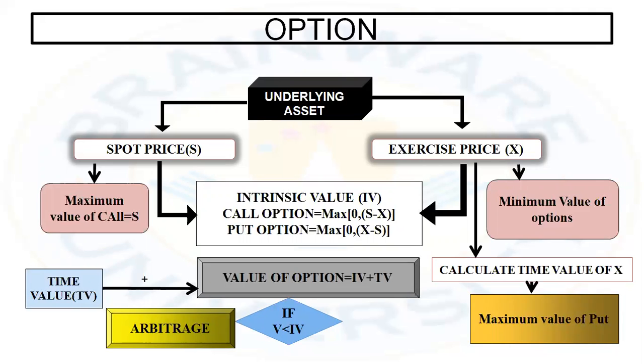So these are the two important prices. The maximum value of the call option is the spot price and its intrinsic value is the minimum price on the basis of which the premium will be set up. And how intrinsic value is calculated, we have shown in the center. In case of a call option, it is maximum of 0 and S minus X. In case of a put, it is maximum of 0 and X minus S.